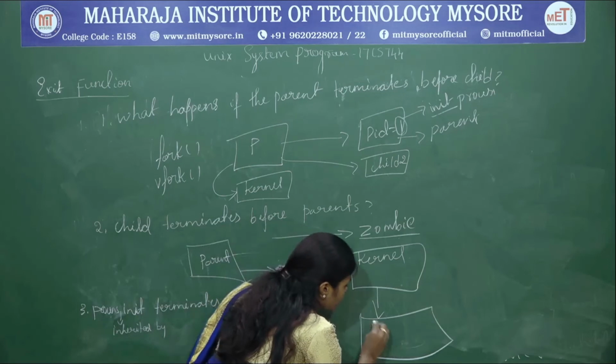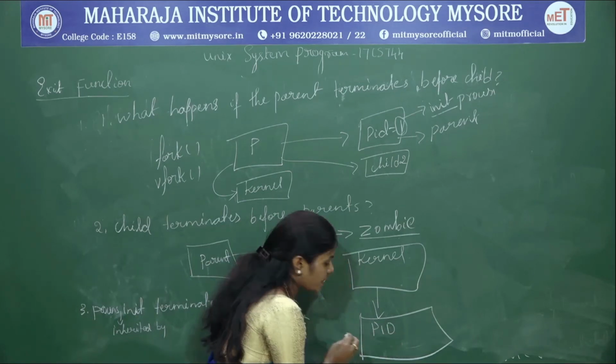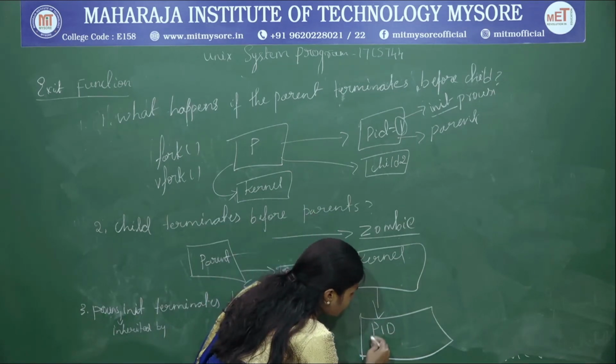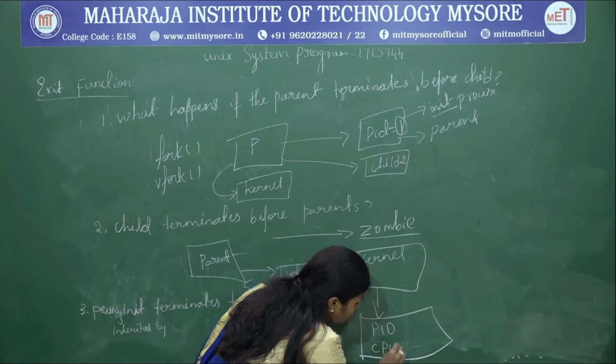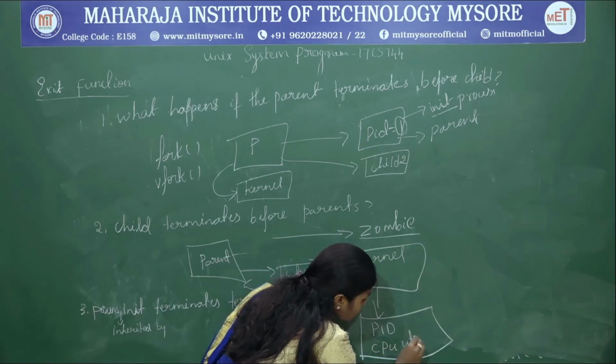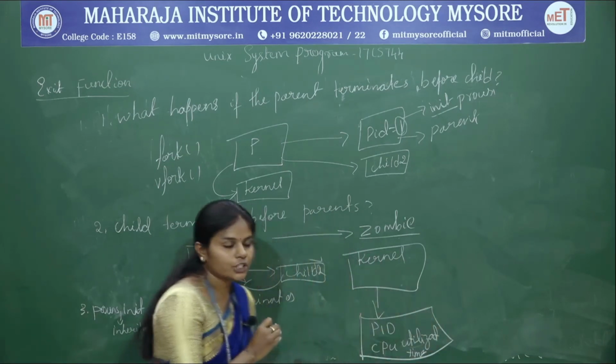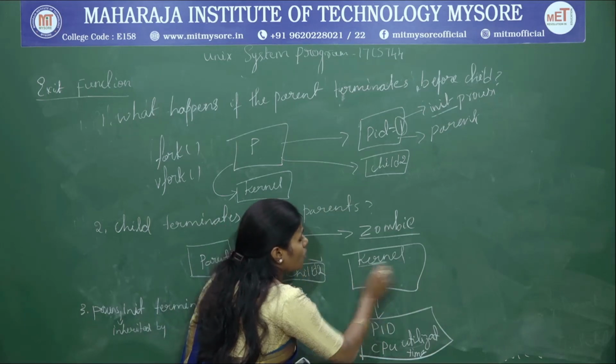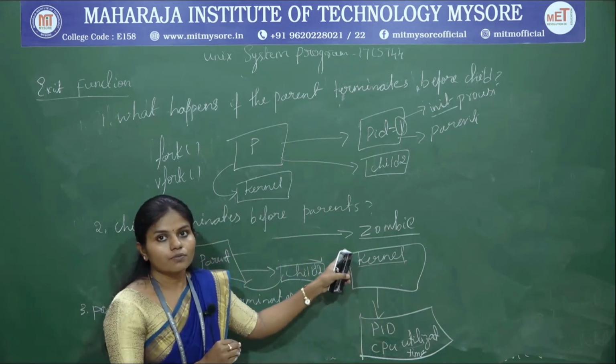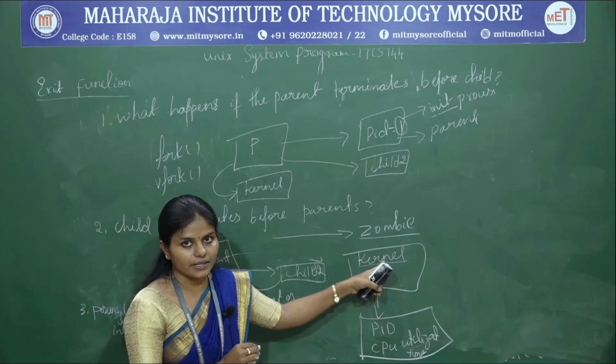So it is going to keep track of the process PID, and after that it is going to take care of the CPU utilization time. So all this information will be kept in the kernel once the process is terminated, right?